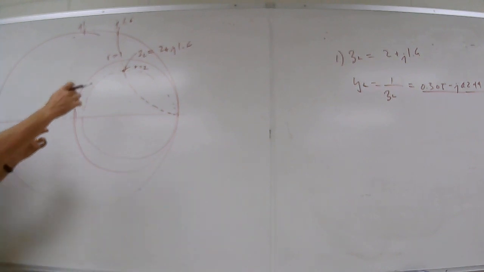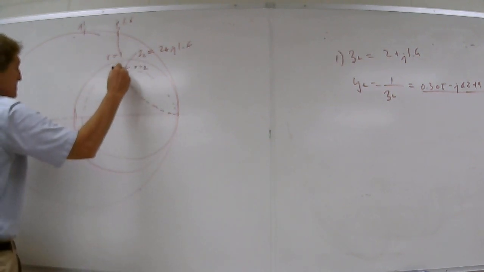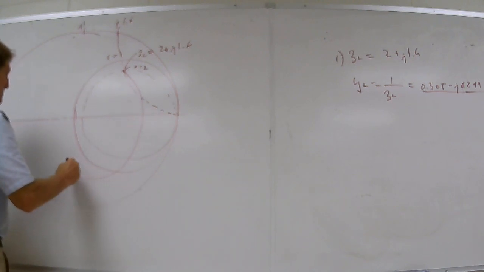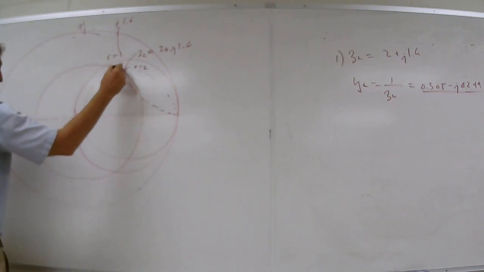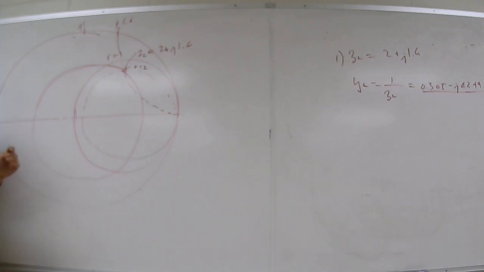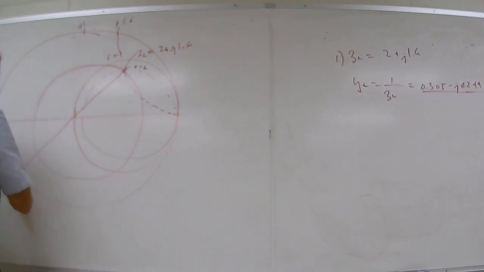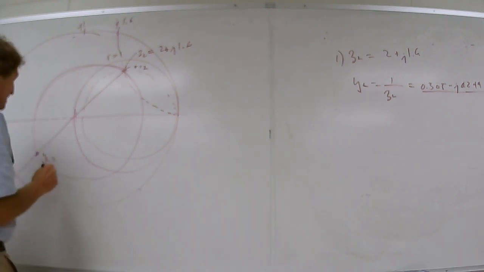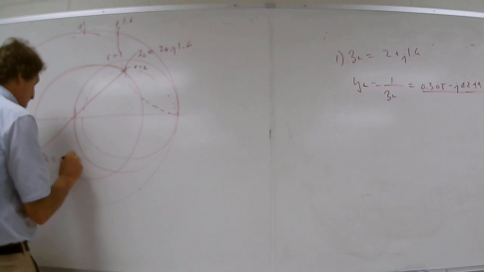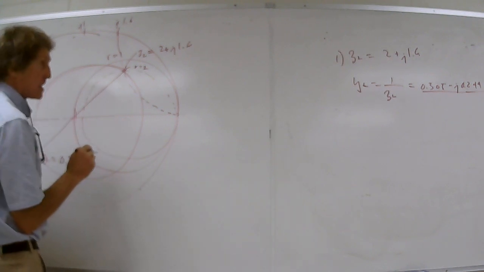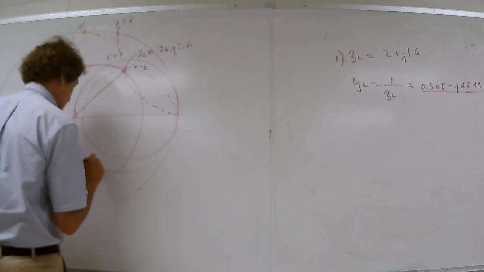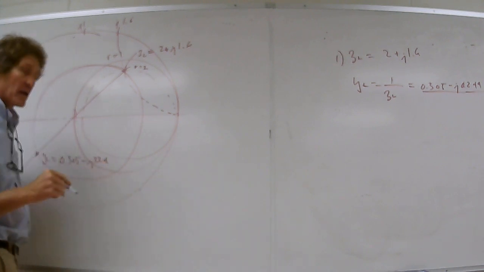Take your compass and draw a circle around here, about like that. That's constant reflection coefficient. Then take your straight edge and go right from this point through the center outward, and you're going to find this is going to be YL, which is 0.305 minus j0.224. Y'all agree with that?